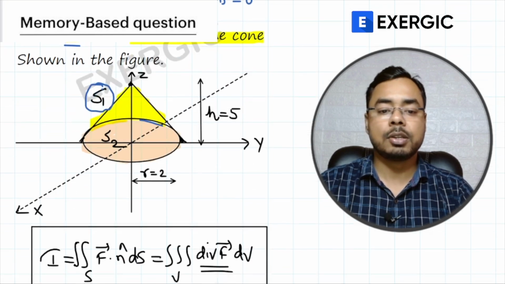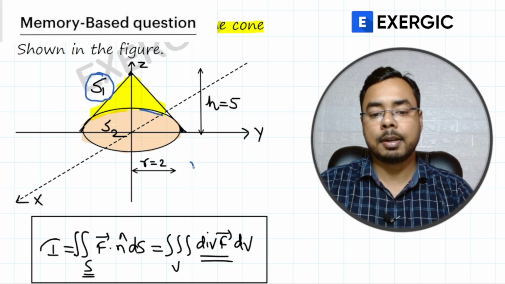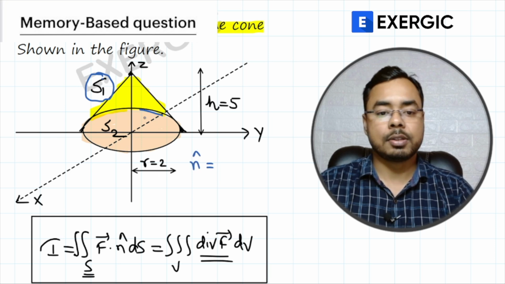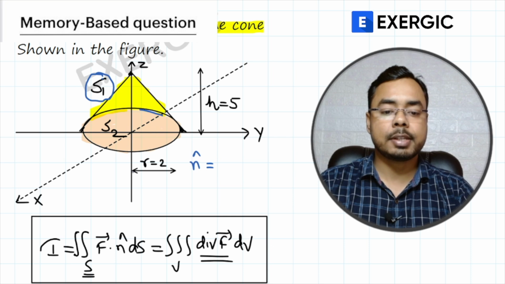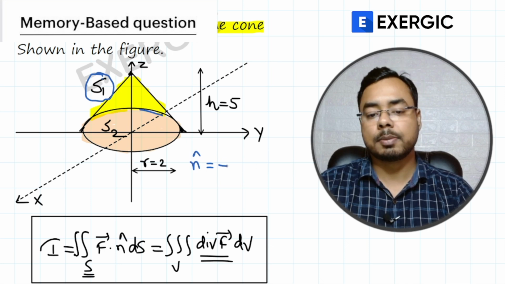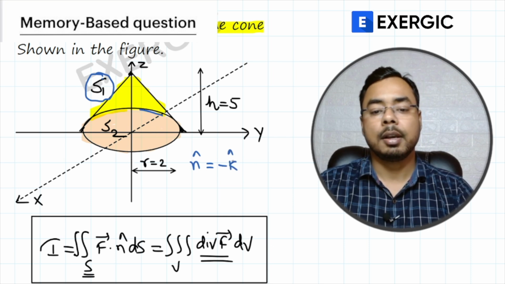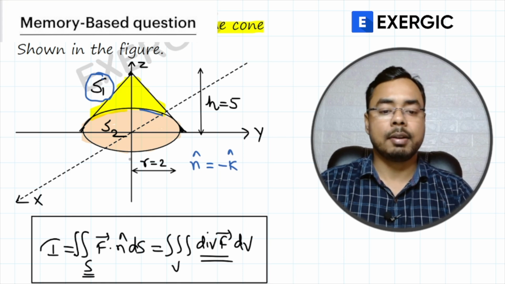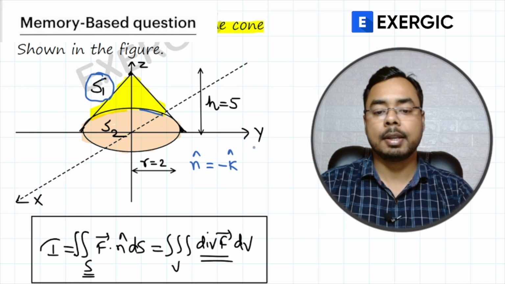For the circular base, n cap will be the unit vector perpendicular to the surface and pointing away from it. So this will be minus k cap, the unit vector in negative z direction, which is the outward direction for the surface S2. So n cap will be minus k cap.